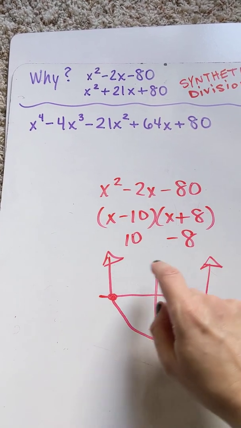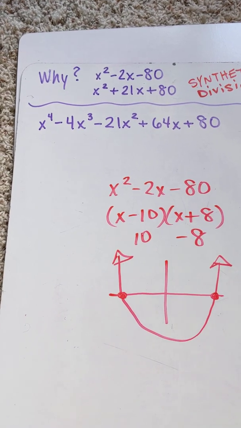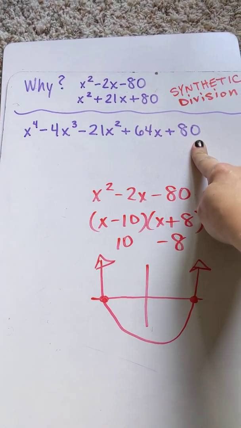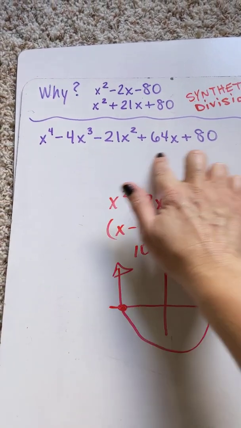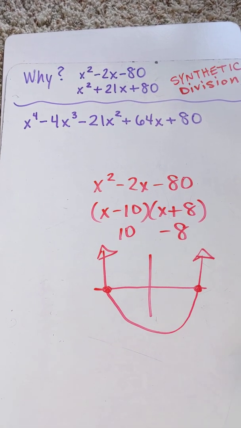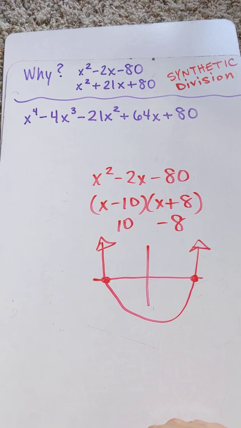So maybe the numbers are 8, 10, 1, 2, 4, 5, those kind of numbers, positive or negative. But we can't possibly factor that. So synthetic division helps us to divide this and find some of the first couple factors, and then eventually it'll come down to a simpler problem that we can factor.